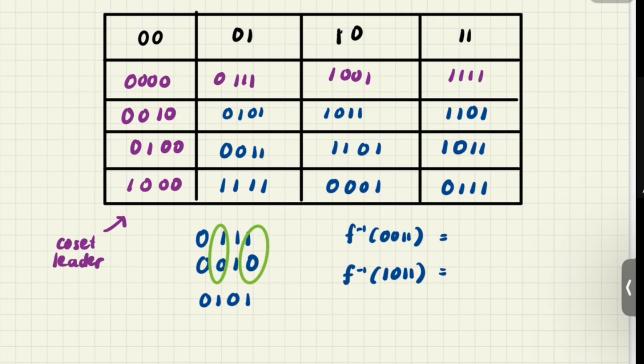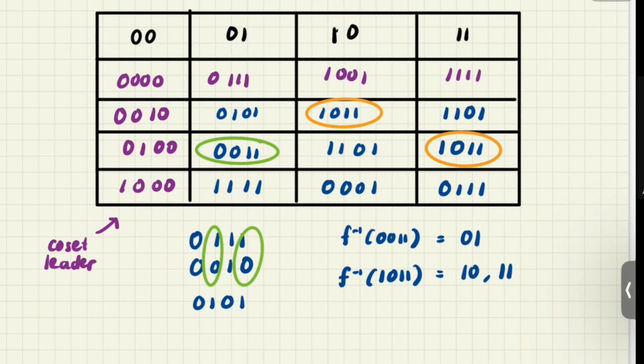There is only one, so the value will be 01. Next, 1011: you find it here, so your answer will be 10 and 11. So we just finished chapter 4.